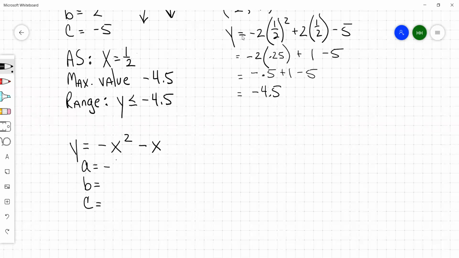So that's a -1 in this case. Your B is what's in front of the x. In this case, this is a -1 as well. And your C value right here, when there's just not a regular old number sitting out there, then your C value is 0.